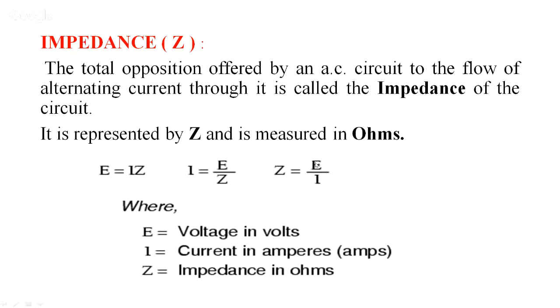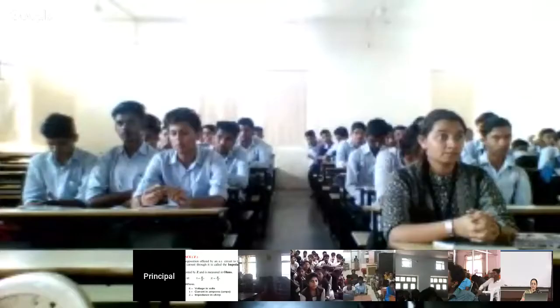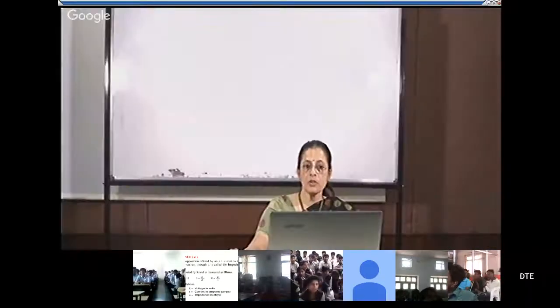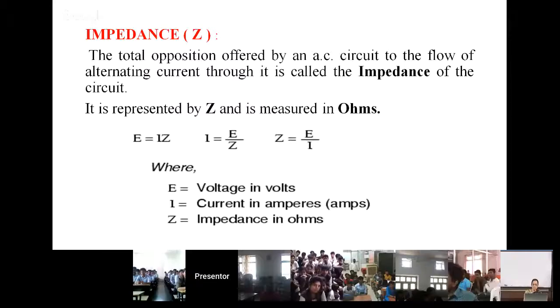So Z equals E by I, where E is the voltage in volts, I is the current in amperes, and Z is the impedance in ohms. So it is the total opposition offered by an AC circuit to the flow of alternating current. Just like resistance in the case of DC circuits, it is impedance in the case of AC circuits.